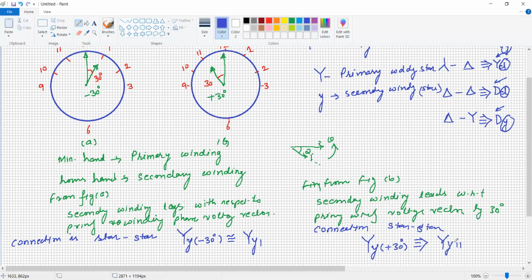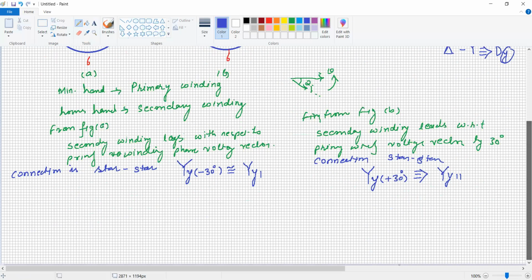Now, what would be the other vector groups? The other vector groups may be like, say the connection is star delta.